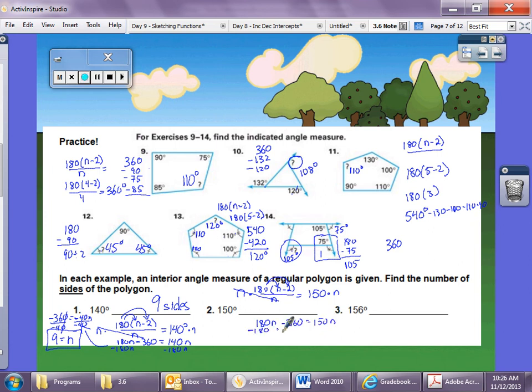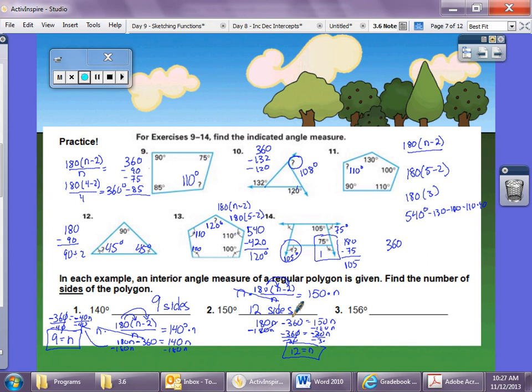Subtract 180n. So negative 360 equals negative 30n. Divide by negative 30. And 12 is equal to n. So if it's 150 degrees, it has 12 sides.